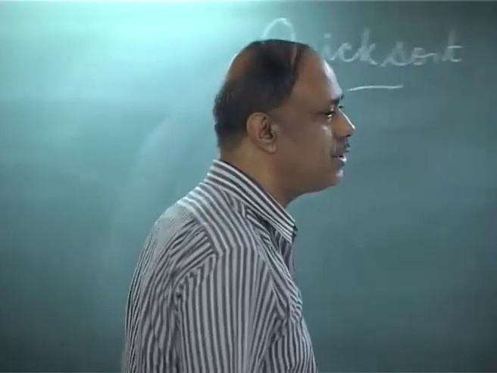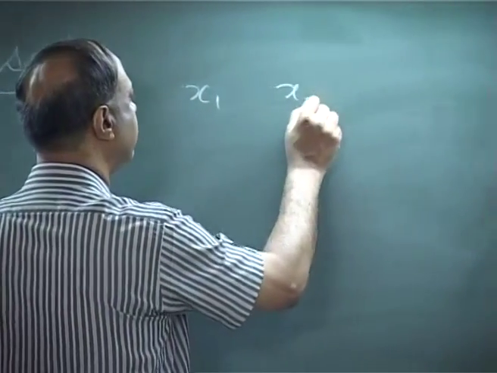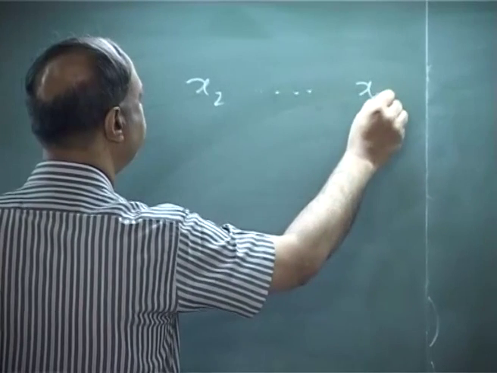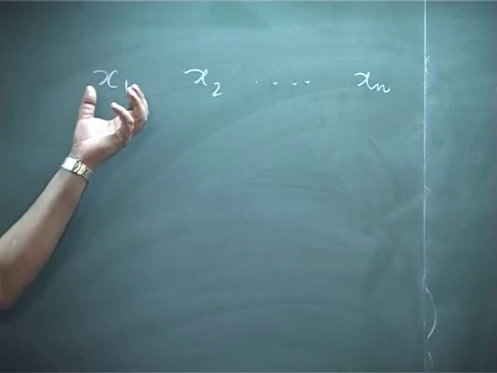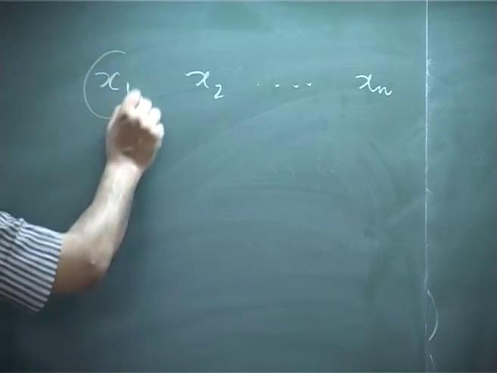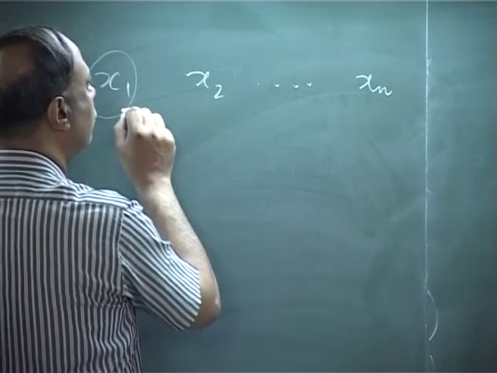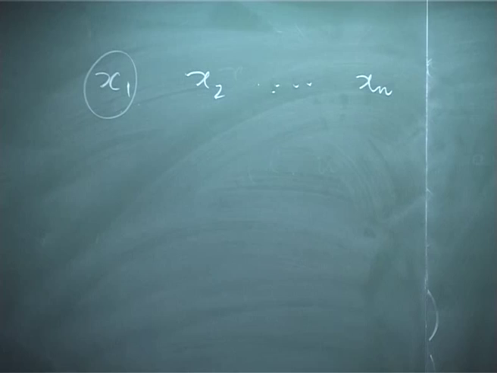In the case of Quicksort, it is a little different. Suppose you have x1, x2, up to xn. We take the first element, or any one of them randomly, but for simplicity we consider the first element as the partitioning element. This element is used to find its position with reference to xn.